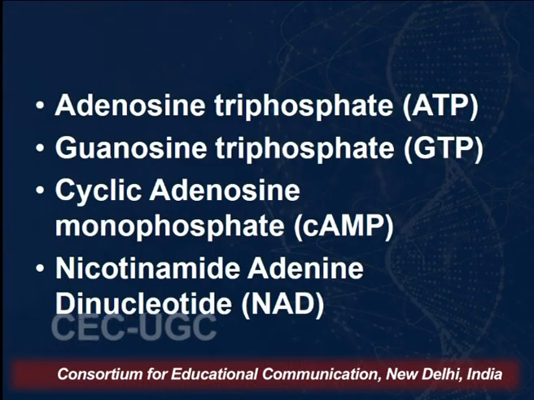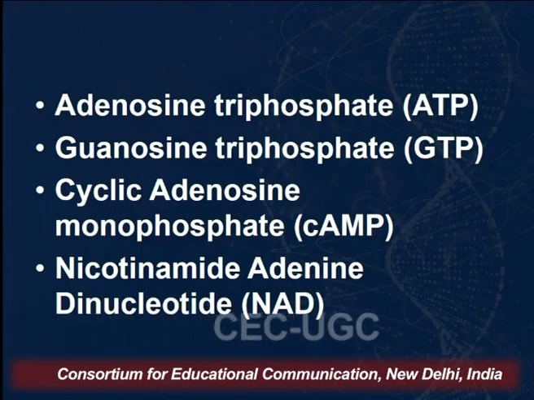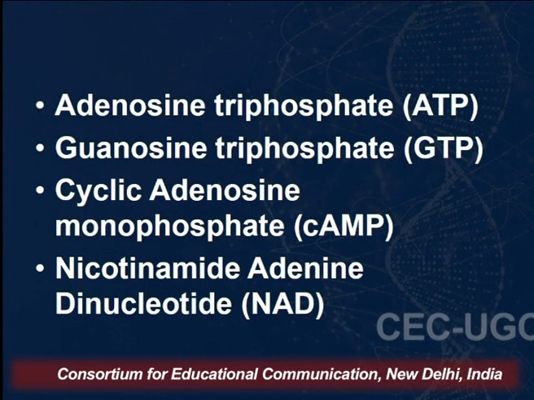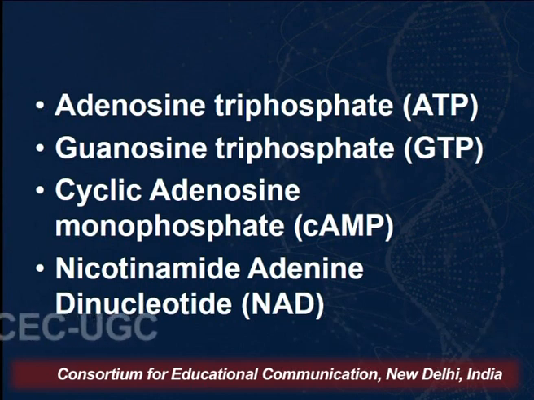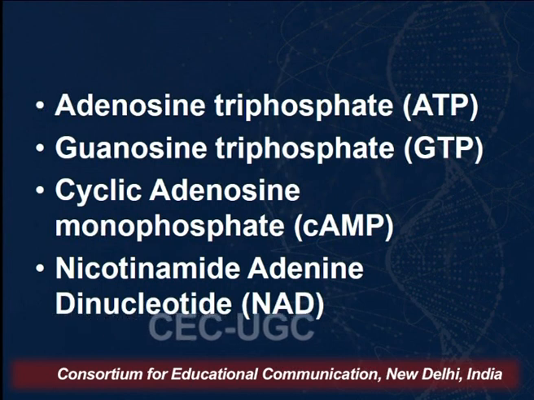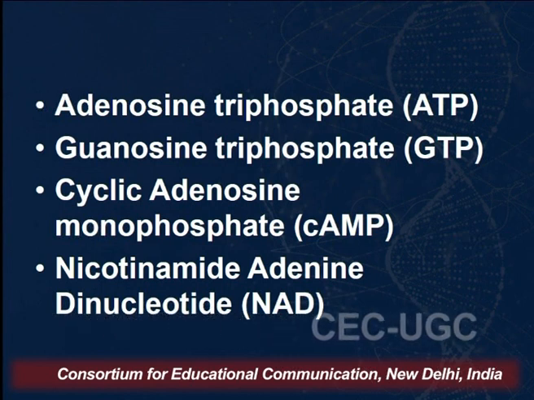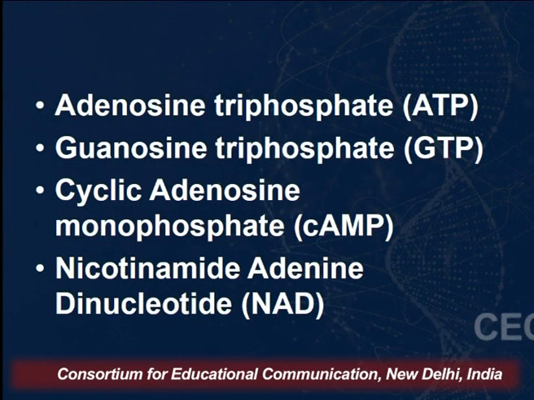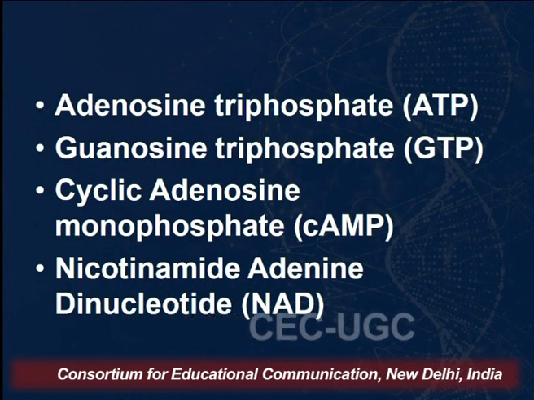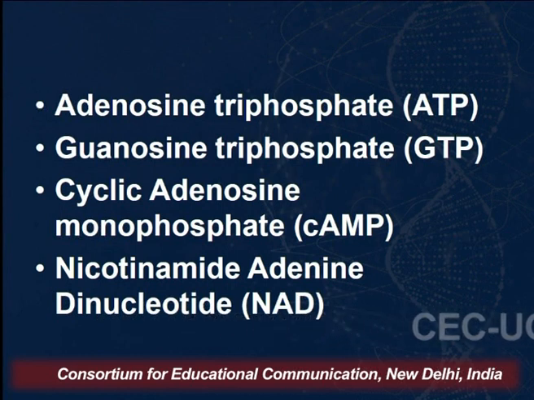The examples of these non-nucleic acid nucleotides are adenosine triphosphate, which is abbreviated as ATP. Then we have guanosine triphosphate, abbreviated as GTP. Then we have cyclic adenosine monophosphate, and in this case to the abbreviation we write a small c, which indicates that it is a cyclic structure.